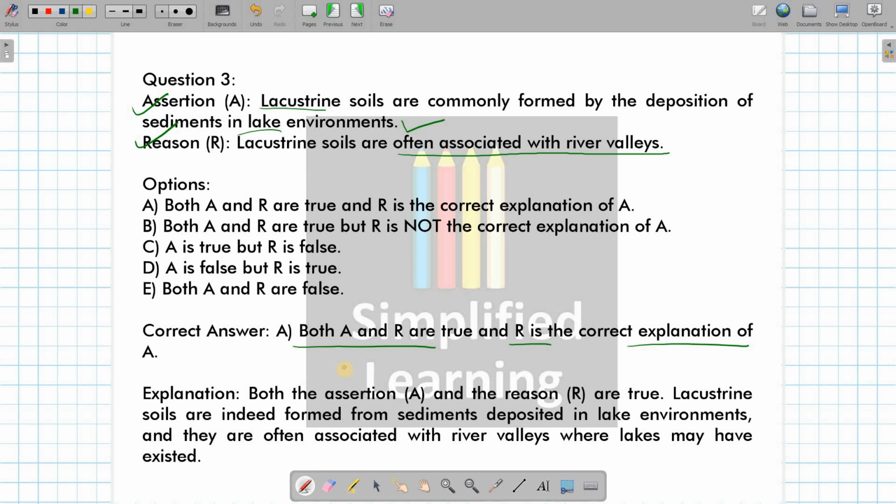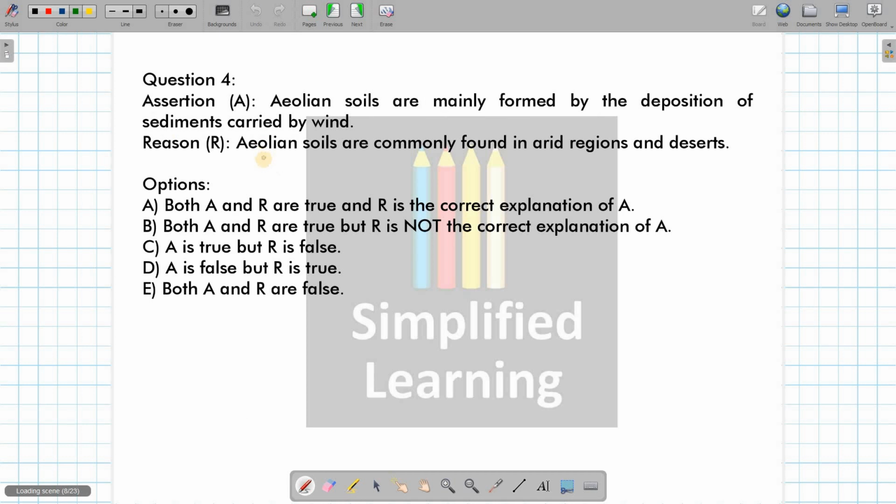See, lacustrine soils are indeed formed from sediment deposited in lake environment. Yes, lake and lacustrine soil are equally associated, and they are often associated with river valleys where a lake may have existed. Okay, that's the reason the answer is A and R are true and they are connected with each other.